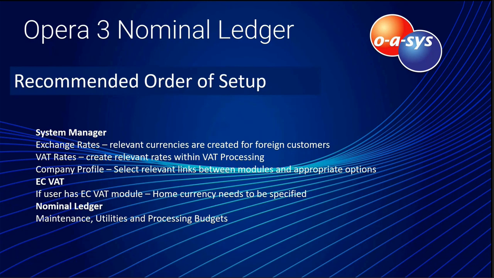In our company profile, we have to select the relevant links between our modules and the appropriate options. This is where we select whether it's open period accounting, real-time update, or whether we use the advanced nominal options. If we have EC-VAT, then we have to specify a home currency. And in the nominal ledger, in the maintenance, utilities and processing, budgets need to be set up for us to be able to use and manage the module correctly.